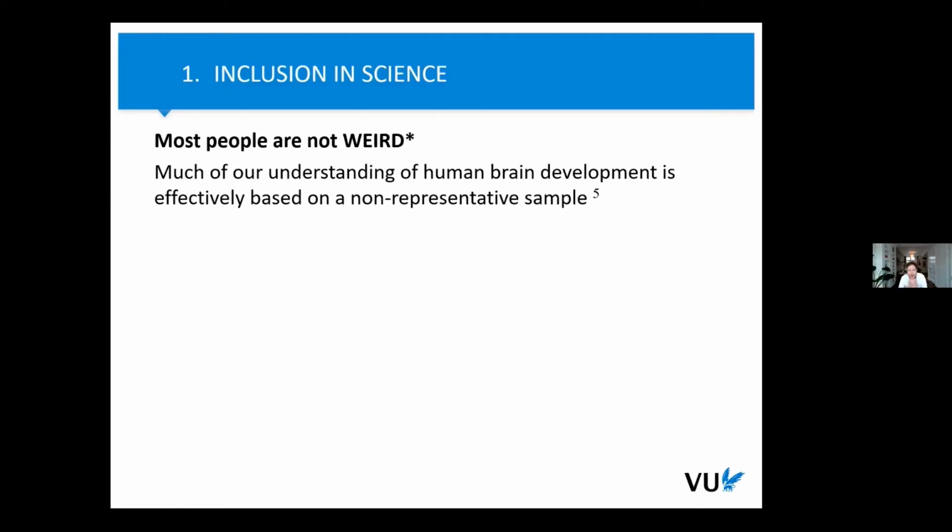The whole point they make is that much of our understanding of human brain development is effectively based on non-representative samples in WEIRD countries. And even in WEIRD countries, much of the research is in higher functioning or higher SES, socioeconomic status, samples. So it's really a biased sample, you could say.